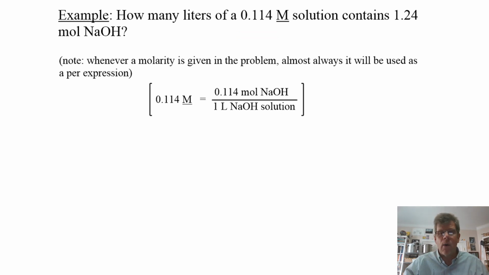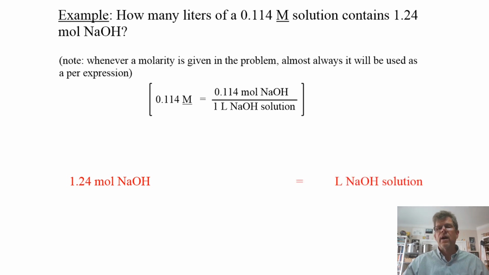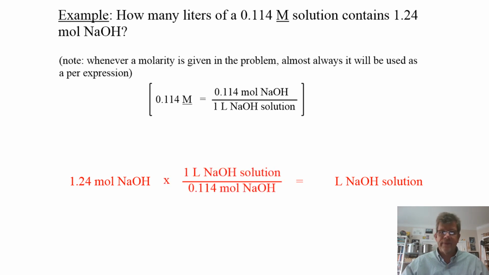So let's see now, what do we have? Well, 1.24 moles of NaOH. What do we want? Some number of liters of NaOH solution. We know what that doorway is now because we pulled out that molarity and we forced it to look like a per expression. How are we going to get there? There it is.